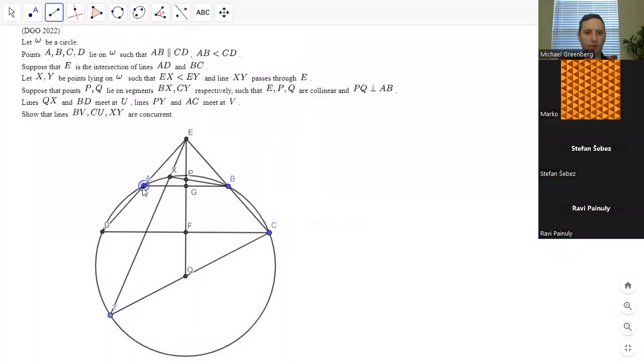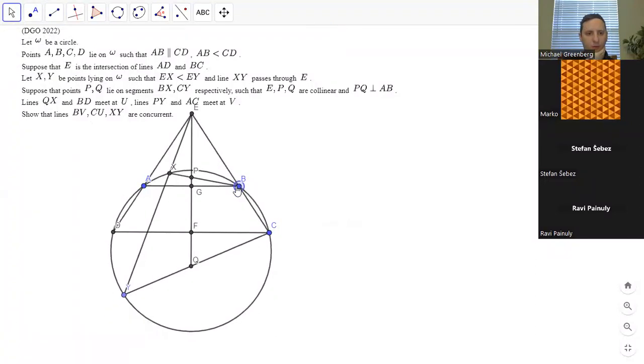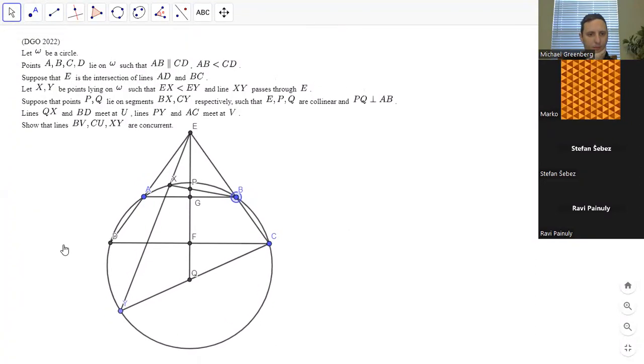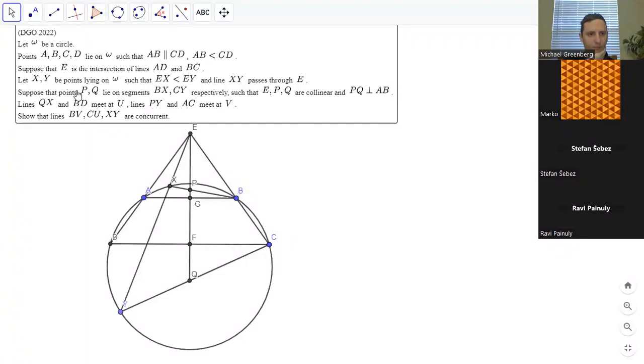QX, sorry, I'll read the chat in just a second. QX and BD meet at U. Just going to make this look a little nicer.